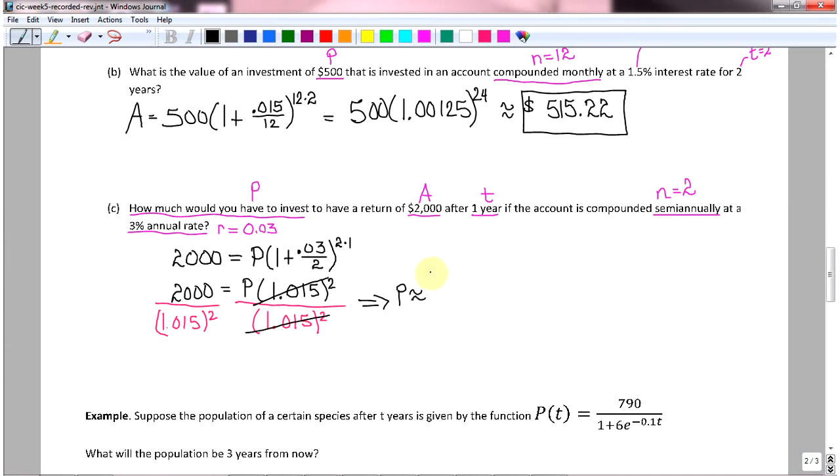And it looks like we're going to get $1,941.32. So again, look at that to see if it seems reasonable. We're saying that's the amount we have to invest to end up with $2,000 after 1 year. That seems reasonable.